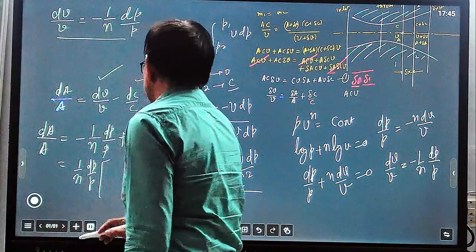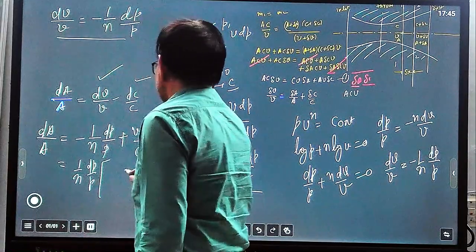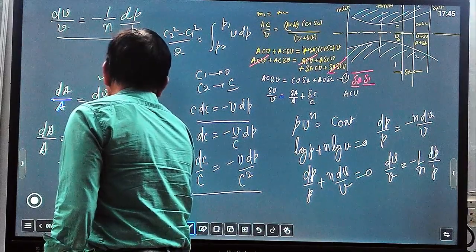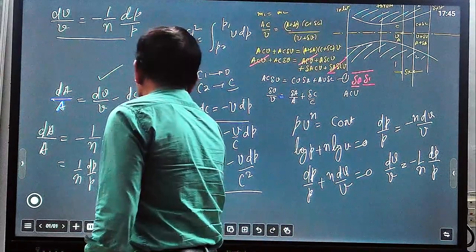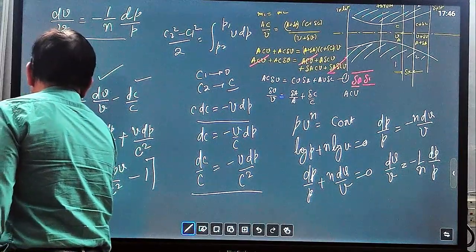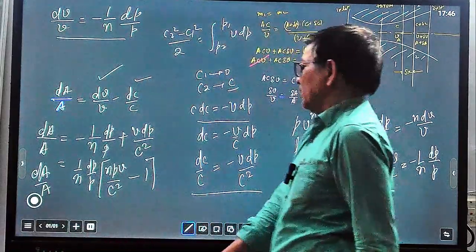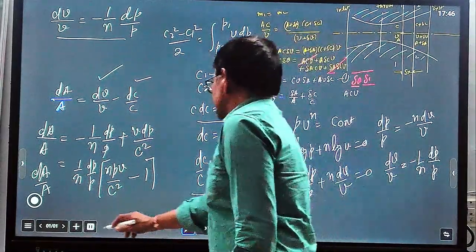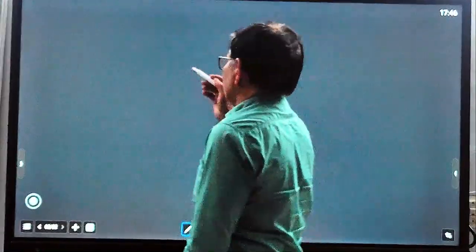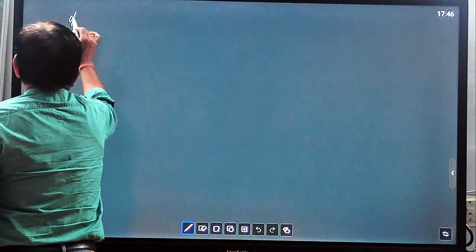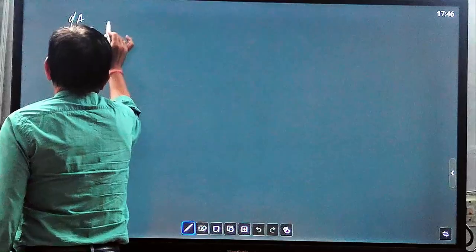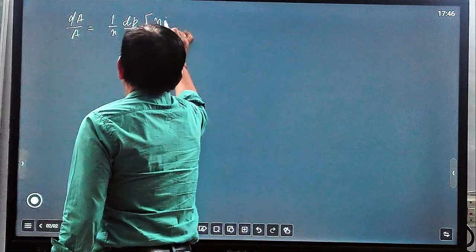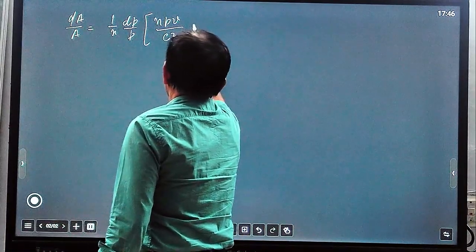Taking it outside, we get nPV upon C square minus 1 in the bracket. So dA by A equals 1 upon n dP by P, in bracket nPV upon C square minus 1.